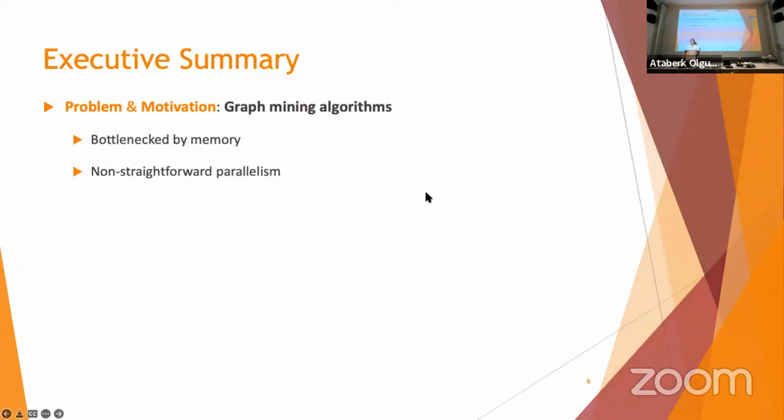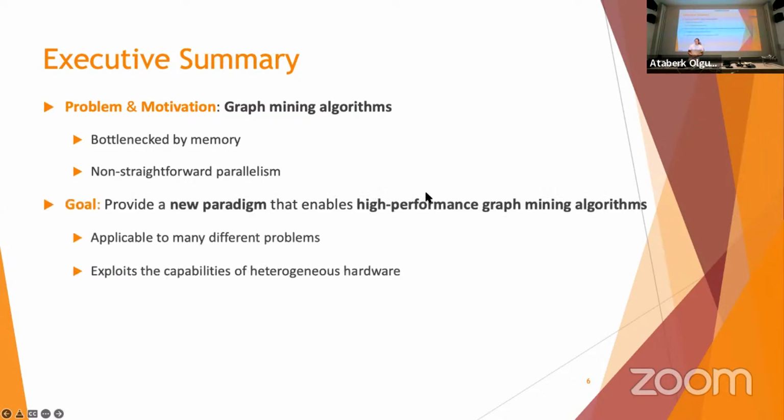To make this even a little clearer, let's start with the executive summary. The problem we tackle is graph mining algorithms. The motivation of the paper is that those algorithms are bottlenecked by memory and provide non-straightforward parallelism. The goal is to provide a new paradigm that enables high-performance graph mining algorithms.